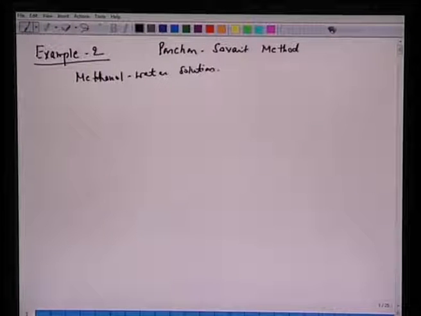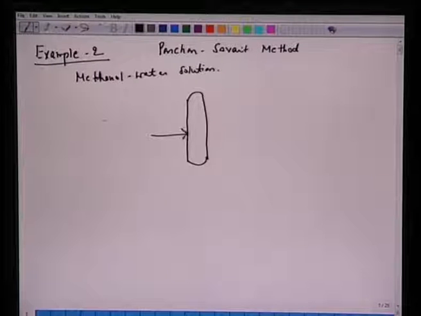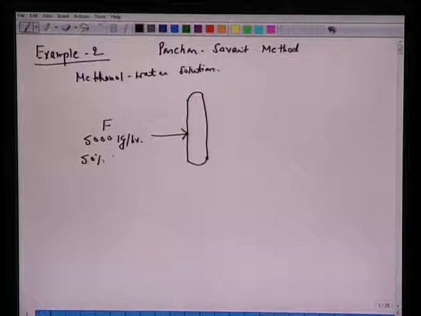What is given here is this methanol water system feed. It's brought to the distillation column at a rate of 5000 kg per hour. All right. And the problem statement says this feed is 50% weight methanol. So the weight fraction is given as 50%.